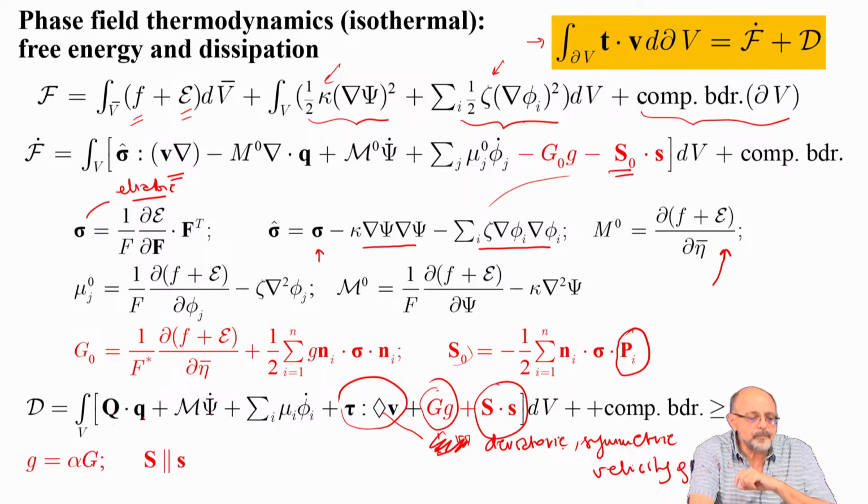So I will say that my lattice growth is proportional to its power conjugate, and my slip vector will be proportional to the shear stress in the plane.